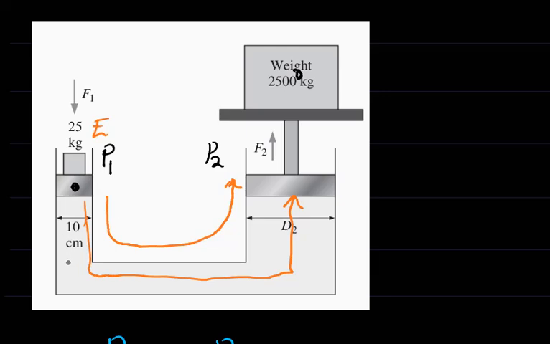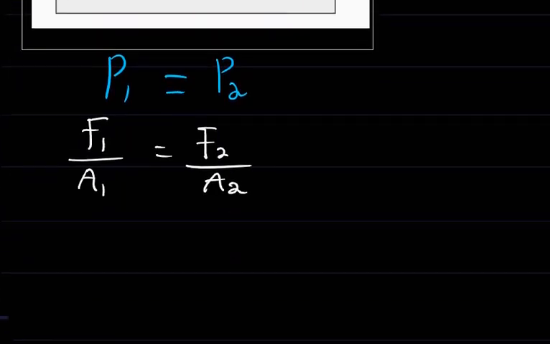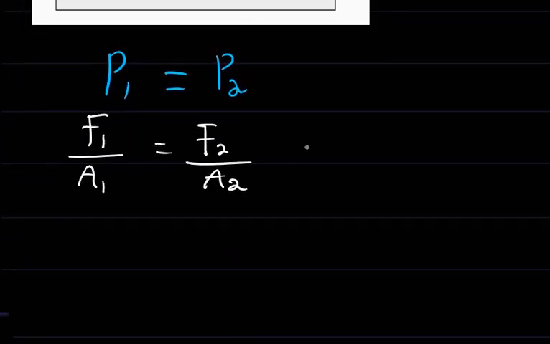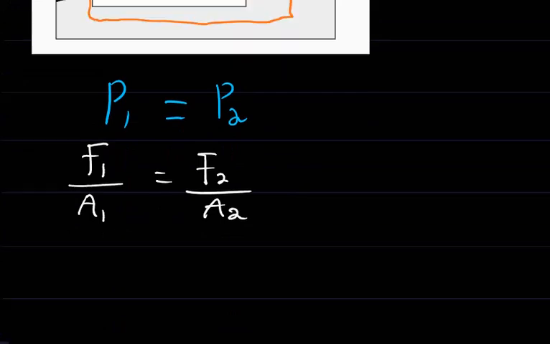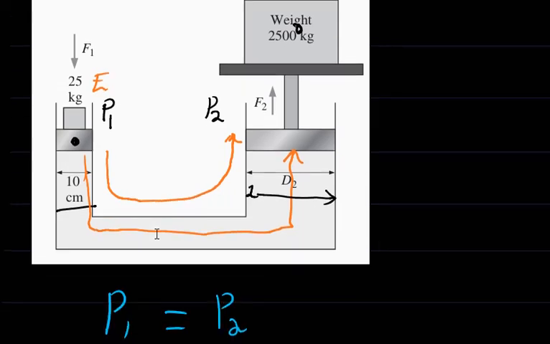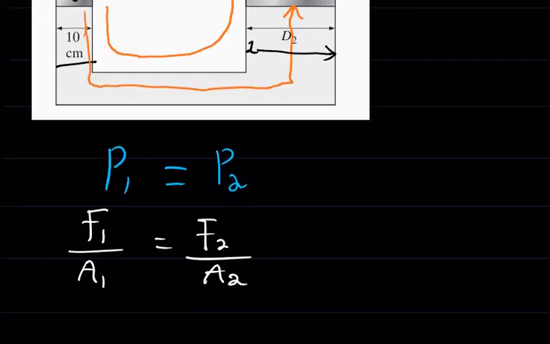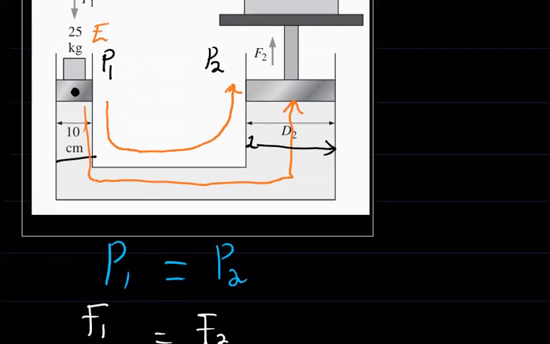We know the diameter of the effort piston, but what is unknown here is the diameter of the load, which is D2. So of course this is going to be equal to the weight of the effort, that is 25 times... that's mg, right? F1 is mg, so m1g.